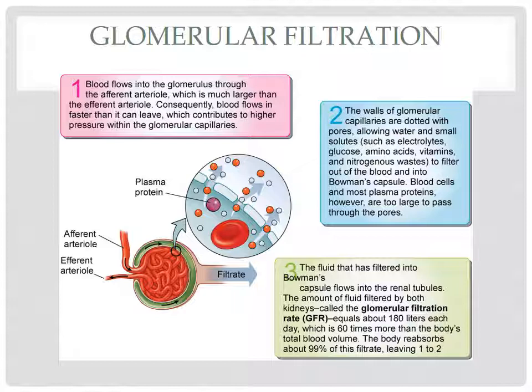Only those solutes listed here, like electrolytes, glucose, amino acids, vitamins, and nitrogenous wastes, will filter out of the blood into the filtrate and go to the first part of the tube. The filtrate will then go through the proximal, descending, ascending, and then distal convoluted tubule and out. All along the way, it's going back and forth between the blood vessel and the tube to get the perfect mix of urine on the other end.